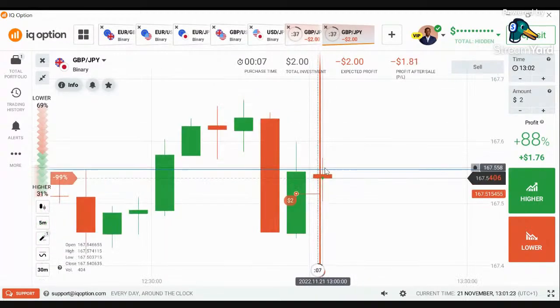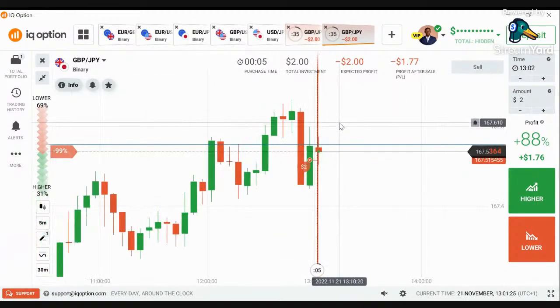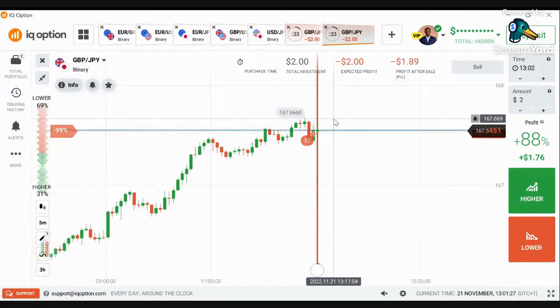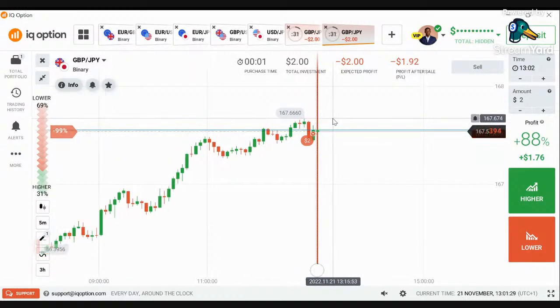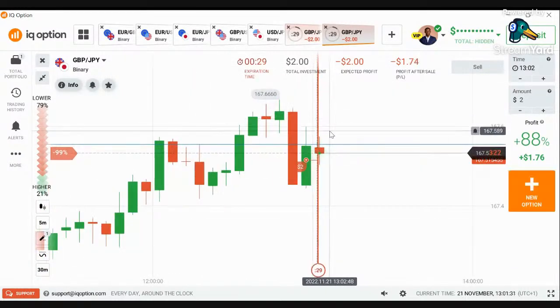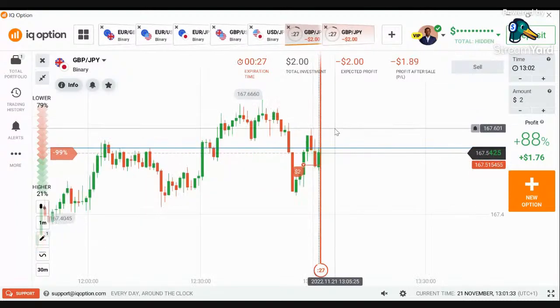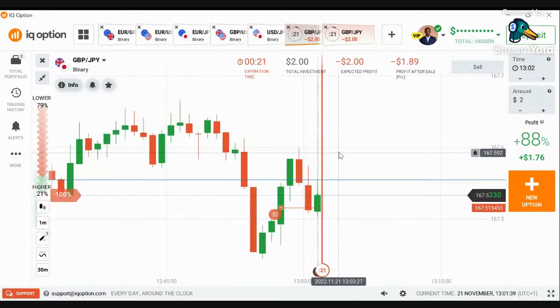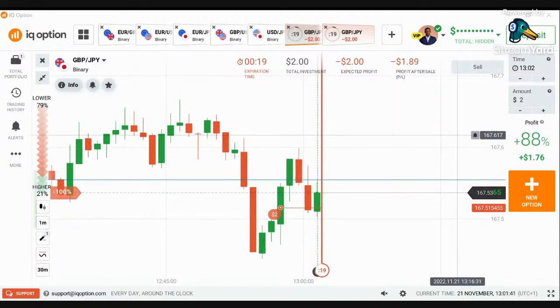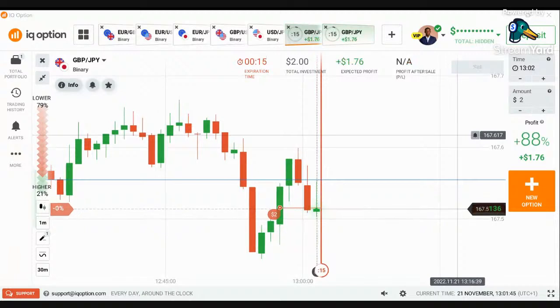Okay, it's rejecting on the 5 minutes. That was close. If I had taken the trade at the close of this candle, probably that would have been in the money. 1, 2, 3, 4.